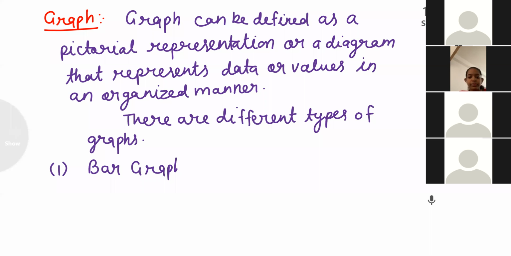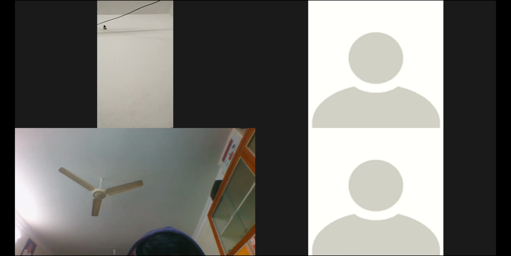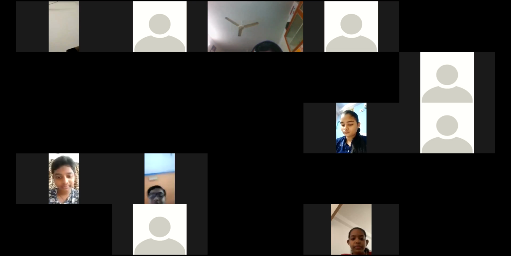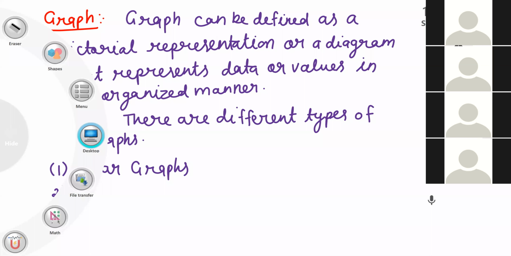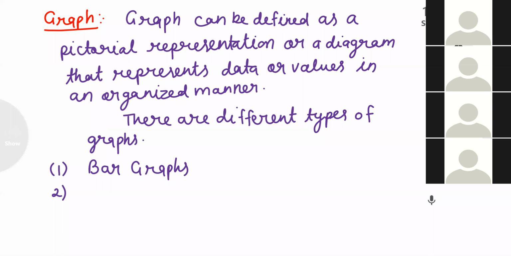Second one is histogram. And third one is frequency polygon.